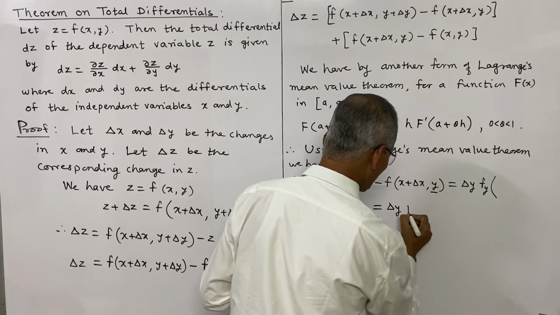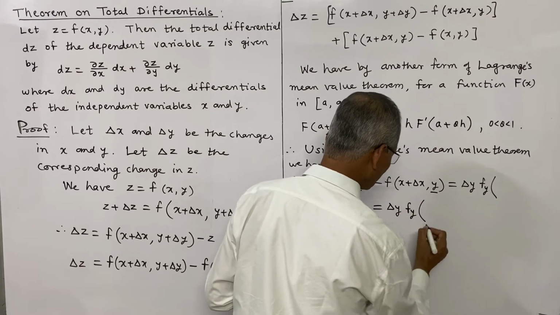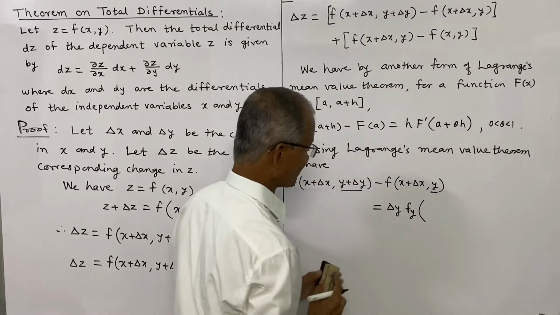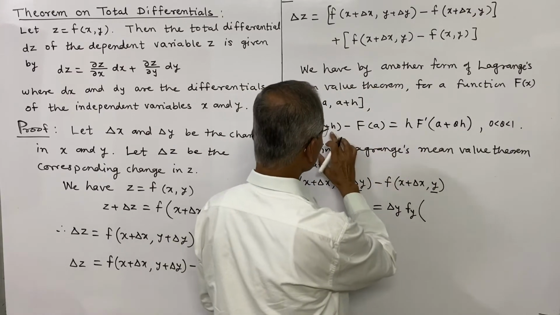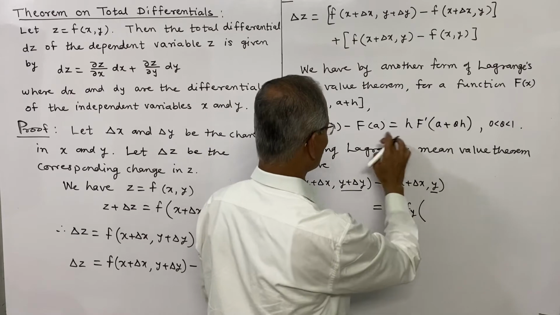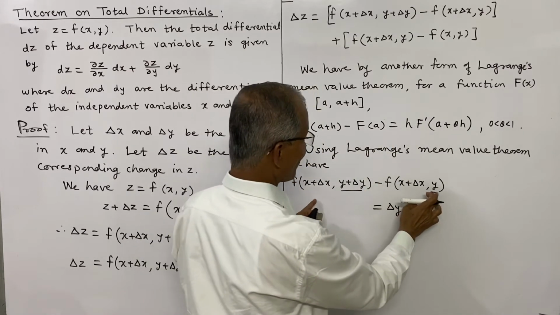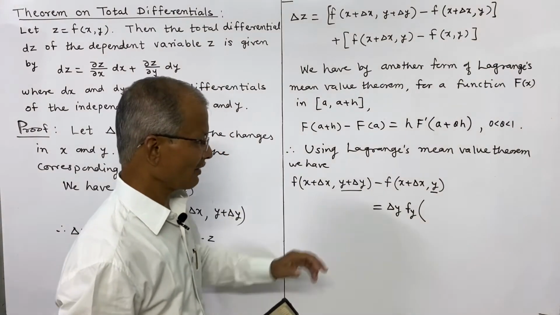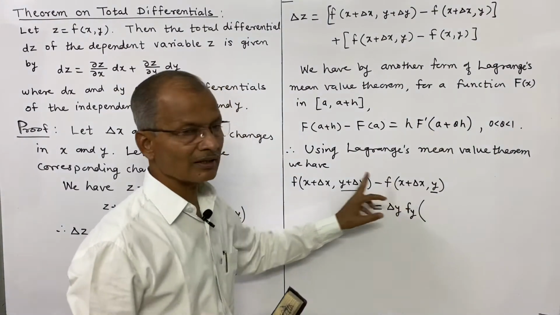Delta y, the partial derivative of f with respect to y. So this value is equal to, and since a plus theta h we have written, that means here y plus theta into h, where h is delta y. But for the x variable there is no change.